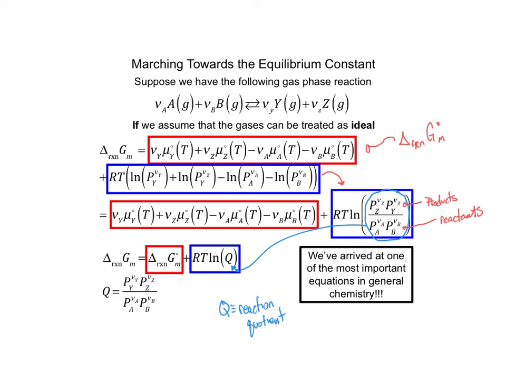And this is one of the most important equations in general chemistry. And this is probably an equation that if you have taken biochemistry with Dr. Chamberlain, that she has basically tried to tattoo onto your brain. And what we have is that delta G of the reaction is equal to delta G standard plus RT ln of Q.